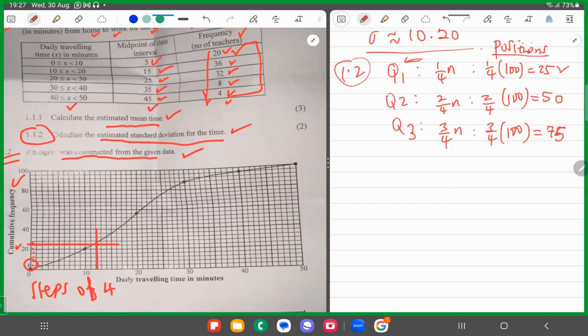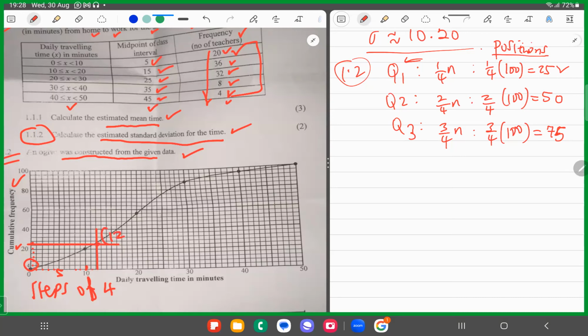Now if this is 10, if you move in steps of 10, this is like 5, then this is like 10. So this is 1, 2, 3, 4, 5, and then 6, 7, 8, 9, 10, 11, 12. So approximately this point is where you have 10, 11, 12.